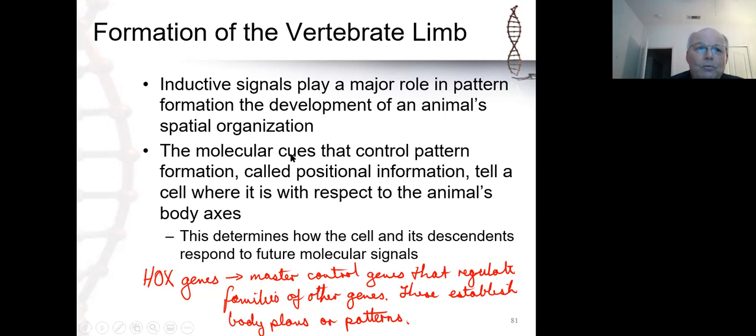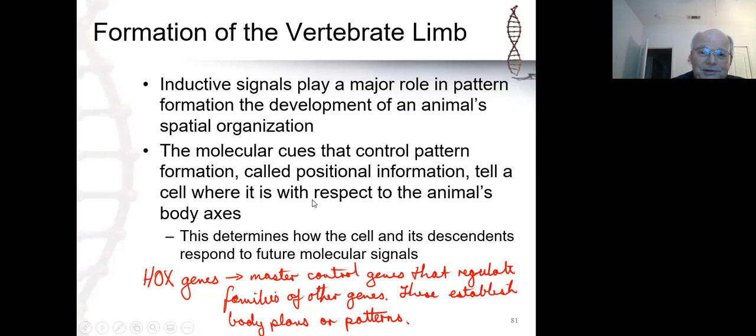So, as I said, the genes that are involved in the vertebrate limb have been found across the board in the animal kingdom. They're found in Drosophila, they're found in chickens, they're found in humans and vertebrates in general. So these genes are very important.